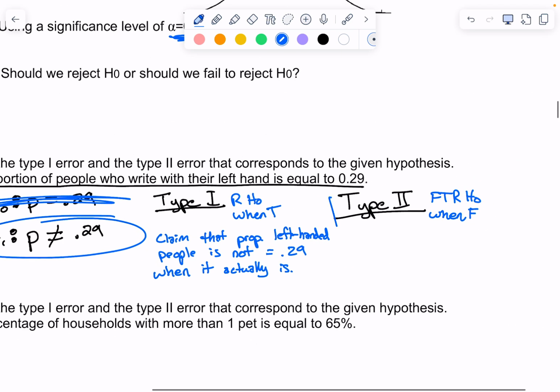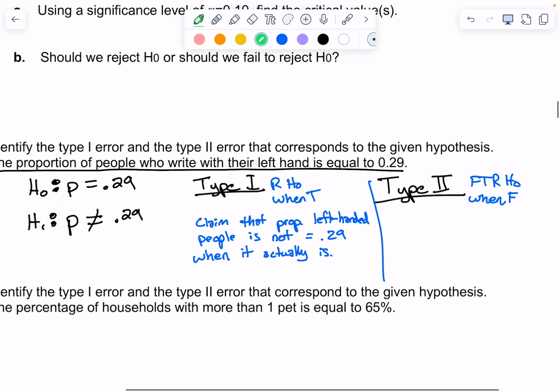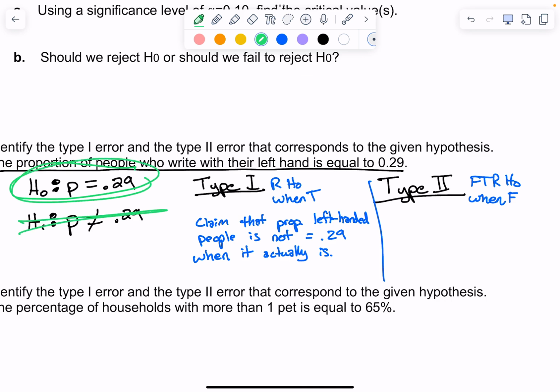Type 2 error is we are failing. Let me cross off my circles. The second one is failing to reject H naught. So I'm circling this one and crossing this one off.